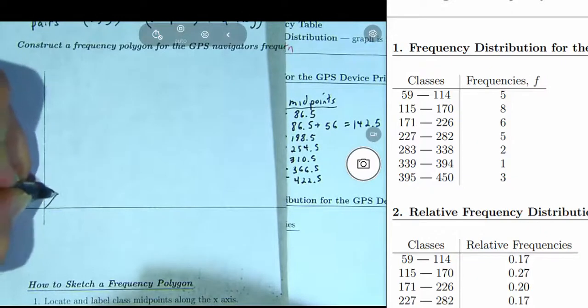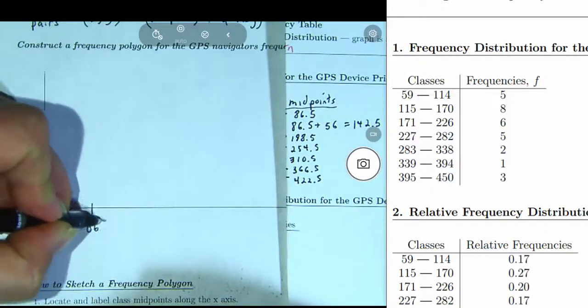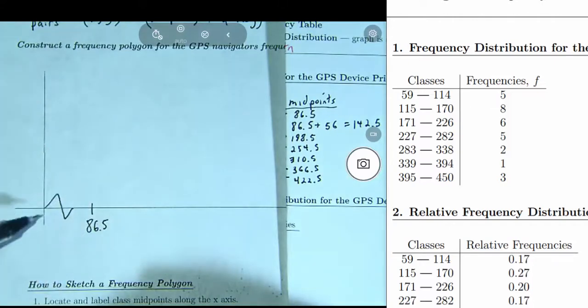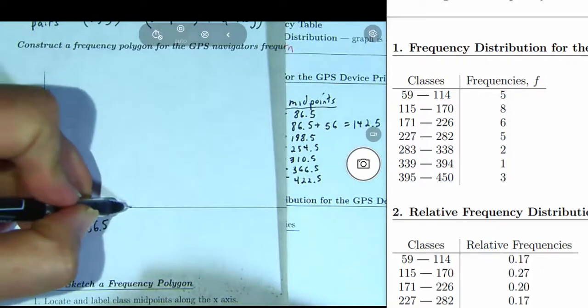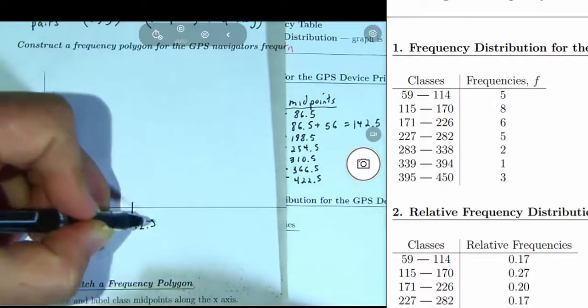So I'll put a broken line in here and the first midpoint. This is just to let my reader know that I'm smushing this horizontal distance between 0 and 86.5 into this little section of the graph, okay? Make sure your midpoints are equally spaced.